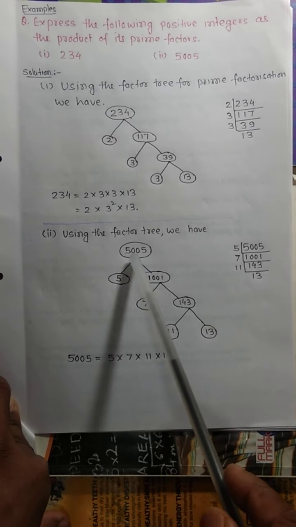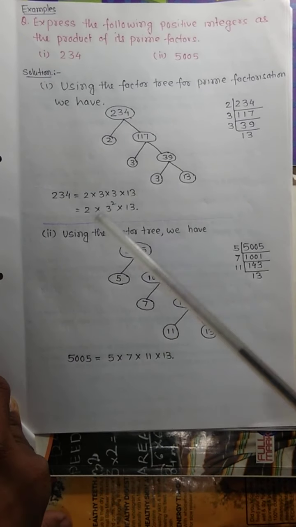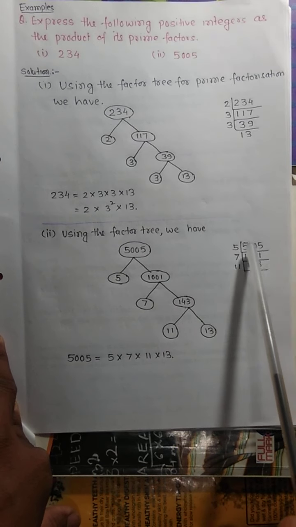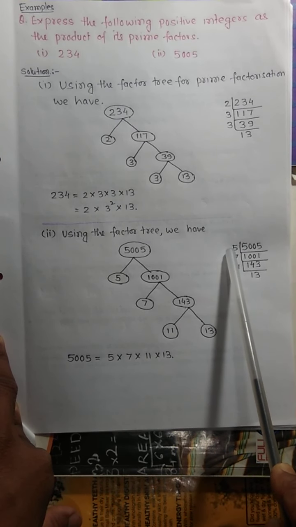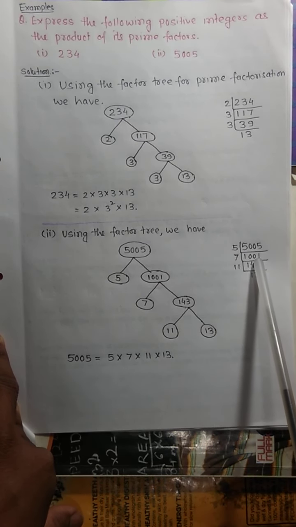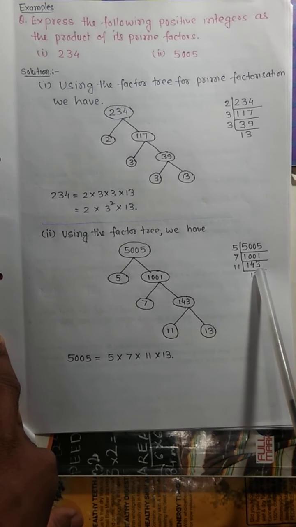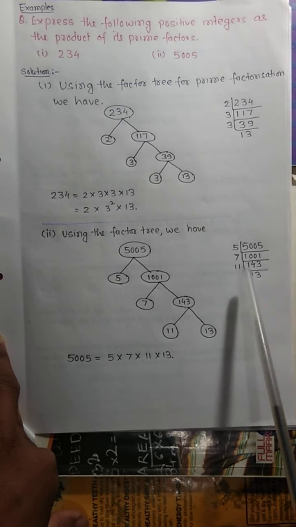Again for 5005, we use the factor tree method. When we divide it by 5 we get quotient 1001, and when we divide it by 7 we get 143, and we again divide it by another prime number 11 and we get 13.